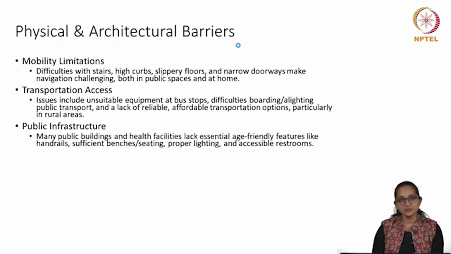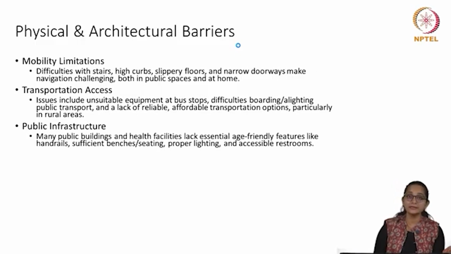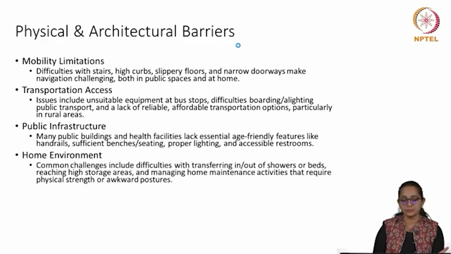Public infrastructure may be lacking in serving the special issues related to people who are elderly. Many public buildings and health facilities lack essential age friendly features such as handrails, sufficient benches or seating, proper lighting, accessible restrooms, all of those may be not there.